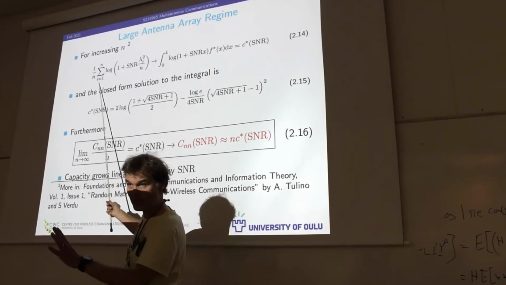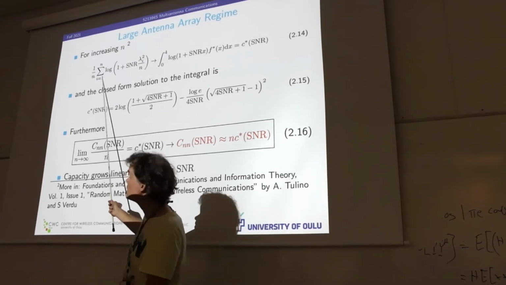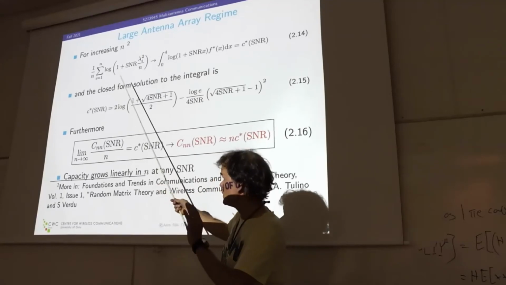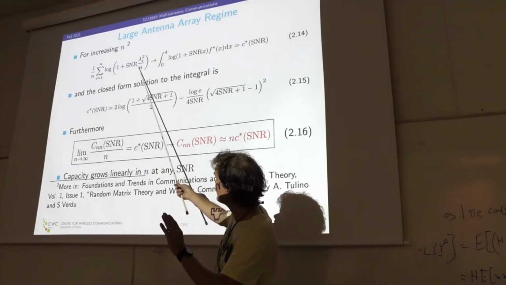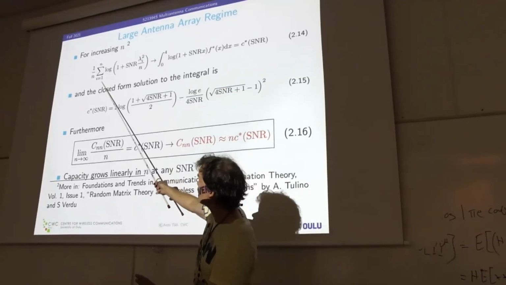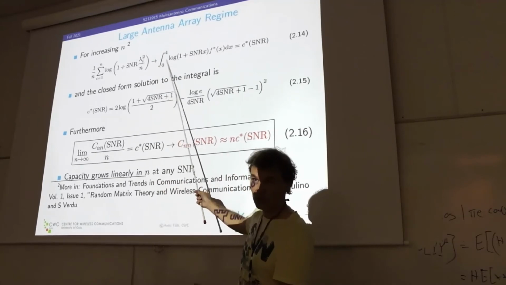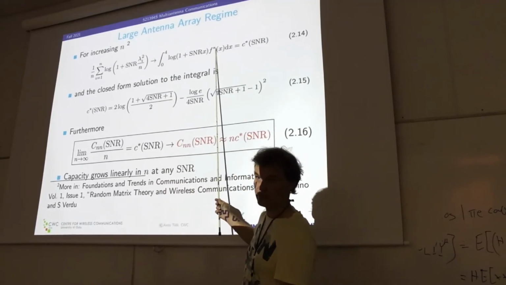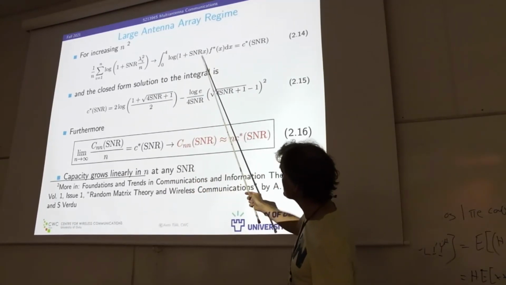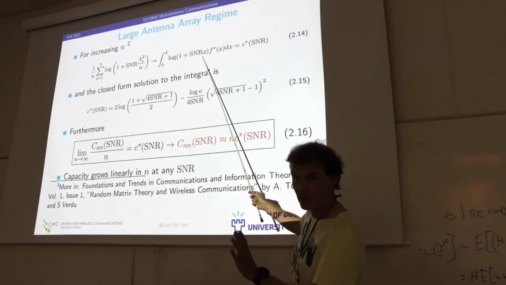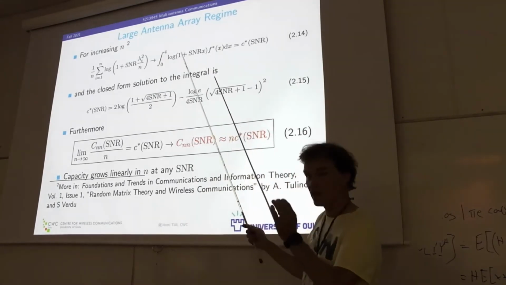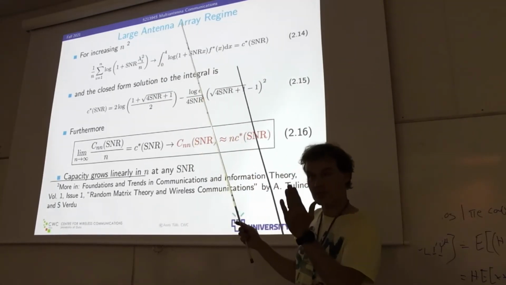When n goes to infinity, the distribution becomes deterministic, so we can replace the expectation with an integral over the probability density function. Here x is the normalized squared singular value, and this is the corresponding density.